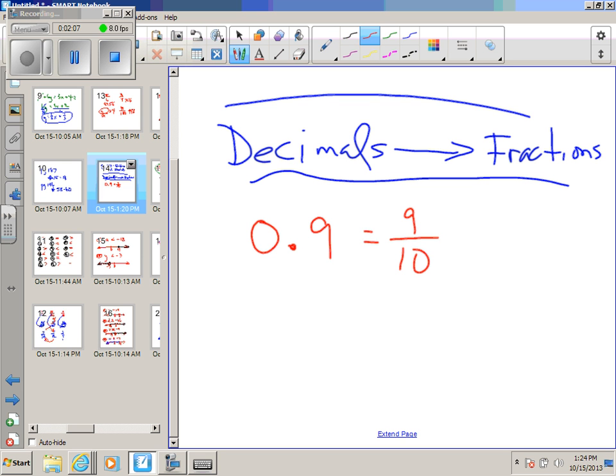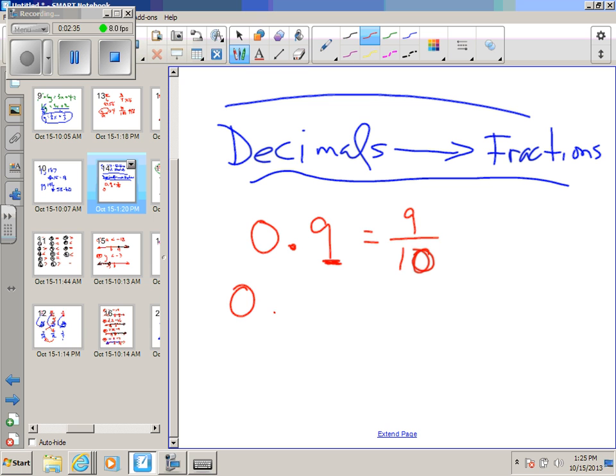Now, there's a trick. Some of you don't all know the names of those place values as well. You know, tenths, hundredths, thousandths, ten-thousandths, hundred-thousandths. So if we say one place after the decimal would mean 1 zero in your denominator, that would work just as well. Okay?